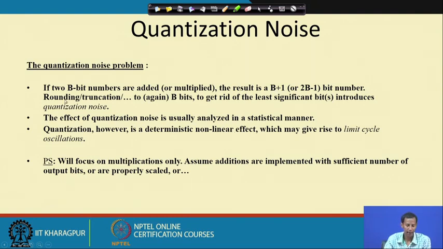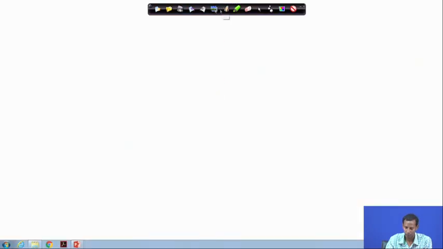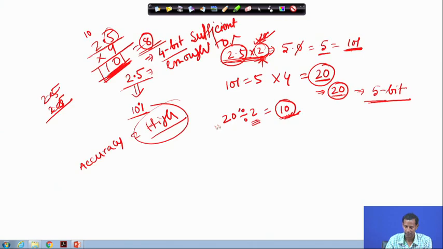And because of truncation or rounding by b bits, quantization noise is introduced. In this particular example, I will show you where we get the error.